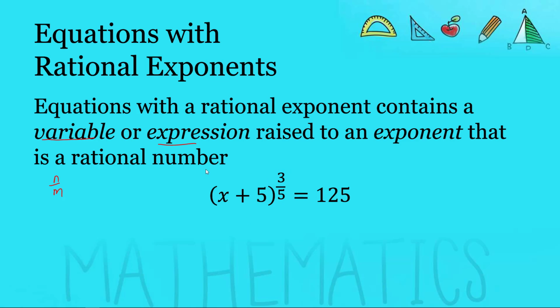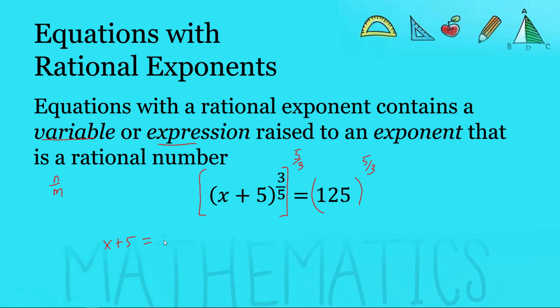Now the way we deal with this is we raise the entire thing to the reciprocal of the exponent, which in this case would be 5/3. And then we'll do the exact same thing here, 5/3. Using the power law of exponents, this will be equal to x plus 5 times the product of 3/5 times 5/3, or just simply x plus 5.